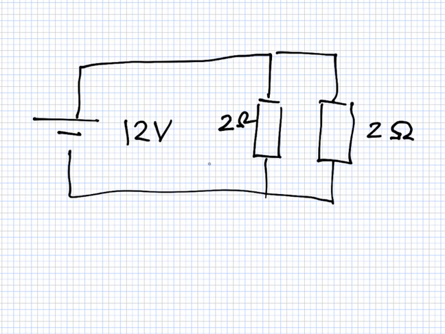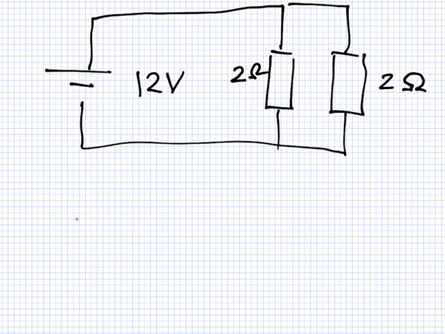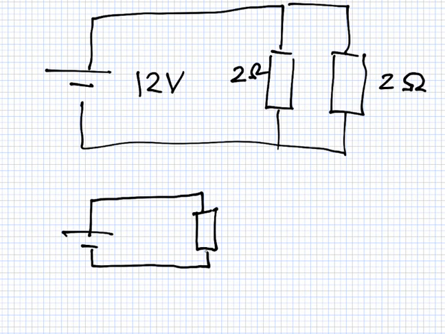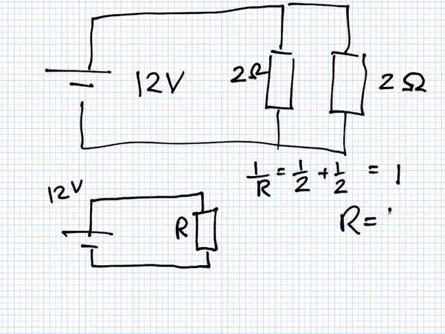So what you can do is you can say that that's the same as this, with one resistor, like that, with R, and we need to work out the R. So we can say 1 over R equals 1 over 2 plus 1 over 2, which is 1. So then R equals 1. So this is 1 ohm.